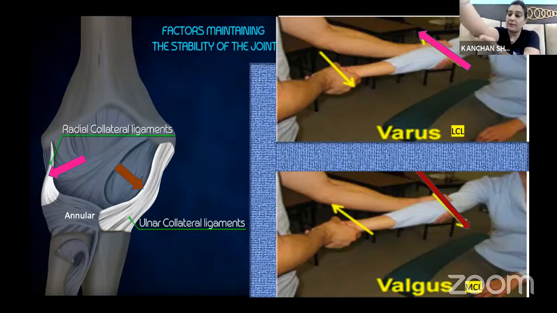How will I be able to stress it? I will just put my pressure from here to this side, right? So you need to stress this side, and then hold your forearm and just pull it away from your body. So that's why the valgus test is for your medial collateral ligament.